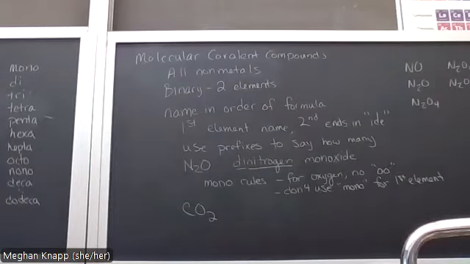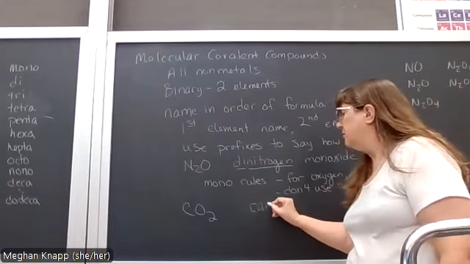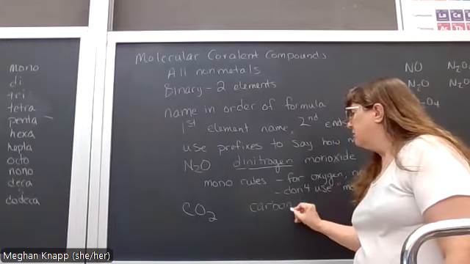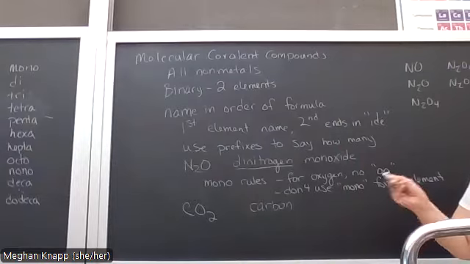I'm just going to leave the mono off just for the first part. I always use mono for the second part if it's appropriate, but for the first part, I'm not going to use mono. I'm going to call it just carbon. And then what do I use as the prefix for the oxygen? Di.